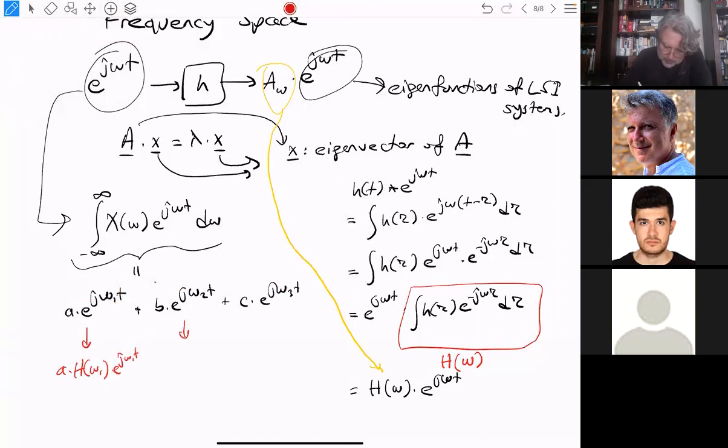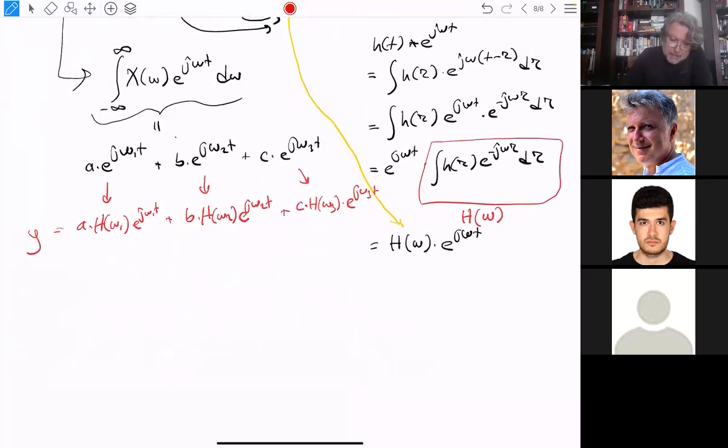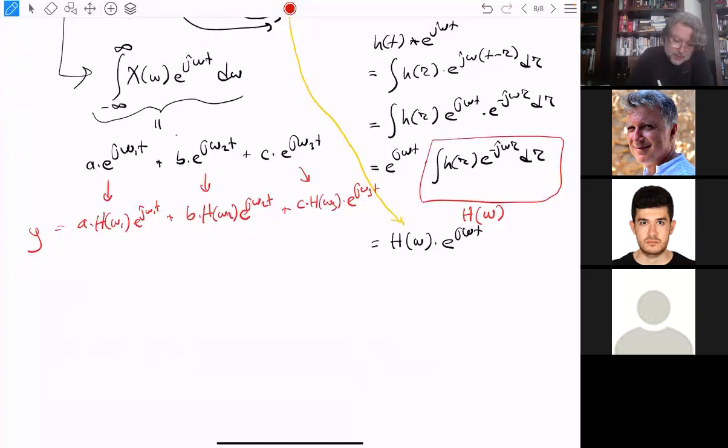To this one, it will be b times, let's be consistent, H of omega 2 e to the j omega 2 t, and to this it is c times H of omega 3 times e to the j omega 3 t. And then the output will just combine these, and this will be the output y. But I will continue that y starting from here.